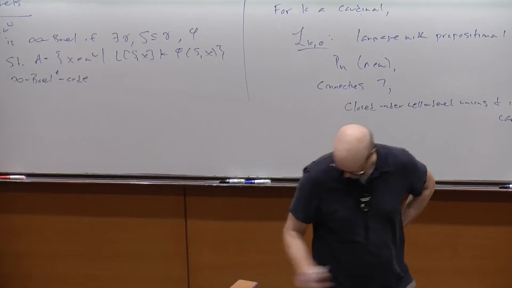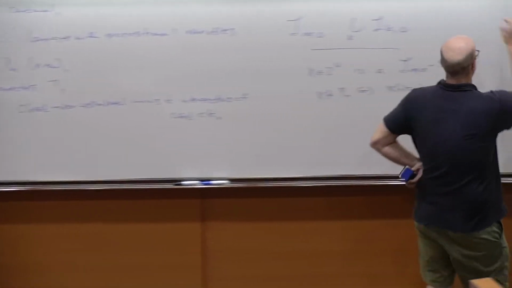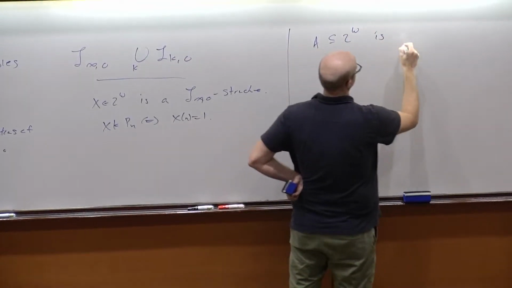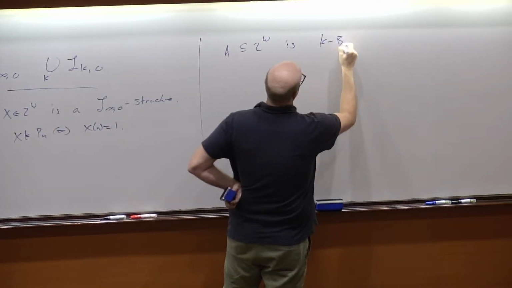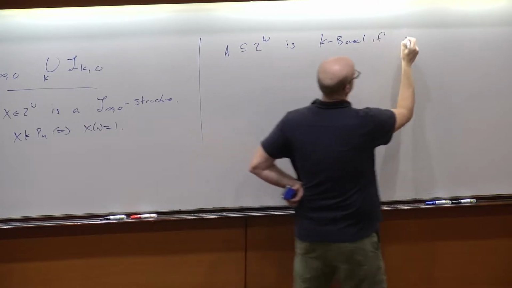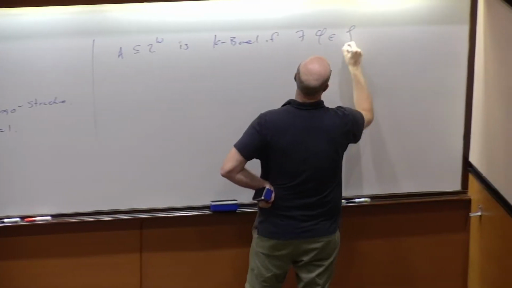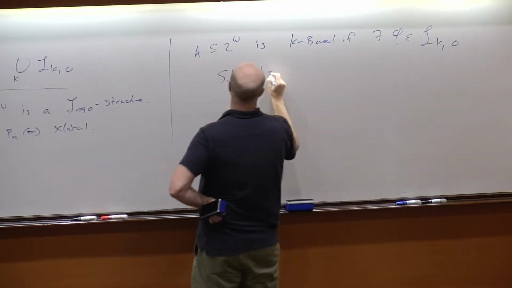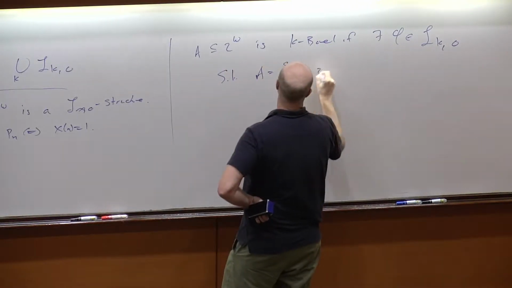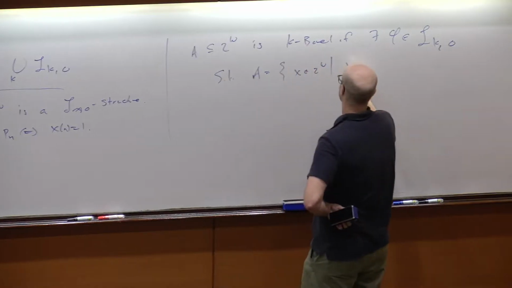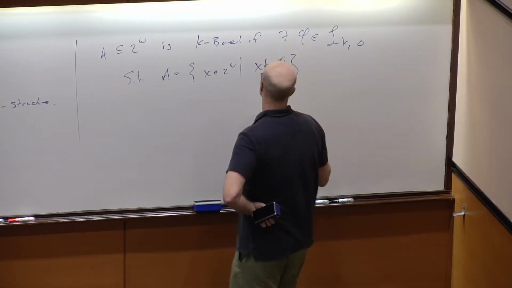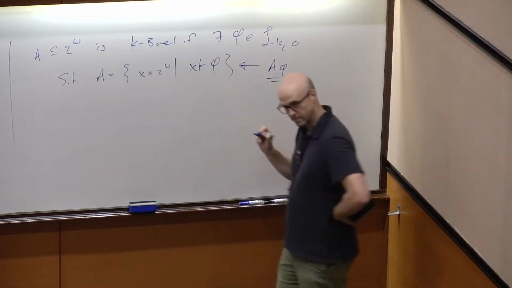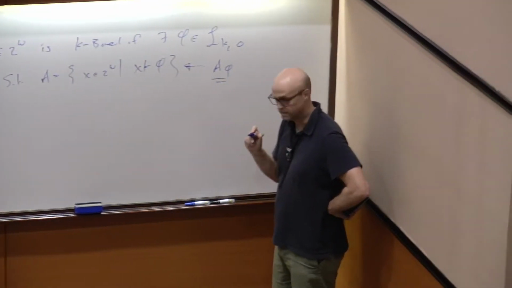Okay, so to start with, we will say that A contained in 2 to the omega is kappa Borel if there exists a formula phi in L kappa 0 such that A is the set of X in the Cantor space such that X satisfies the formula in that sense. We're also going to call this thing A phi.